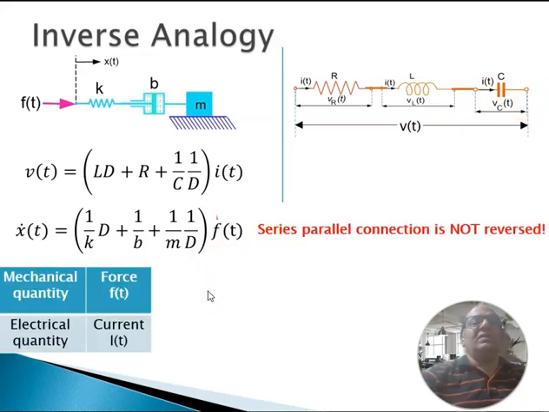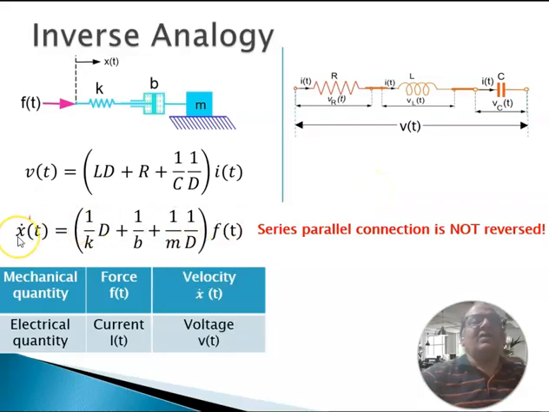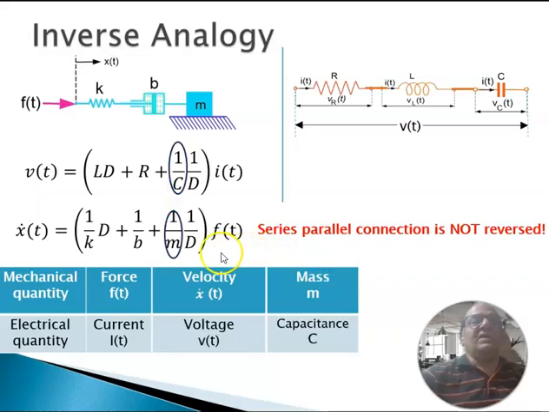Further, we note that the force F of t is analogous to current. And we see that voltage corresponds to velocity. And also we see that mass is analogous to capacitance. Kindly note, we are comparing the elements that are in corresponding positions: coefficients of D, constant term, coefficient of 1 over D, and so on.